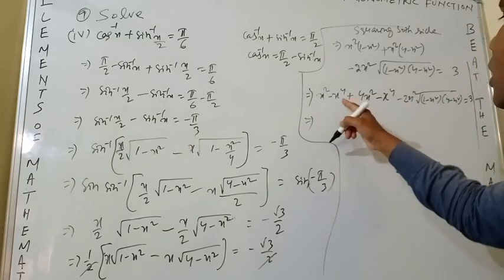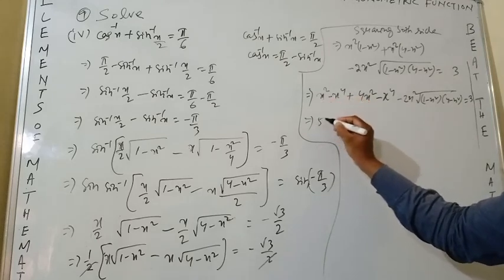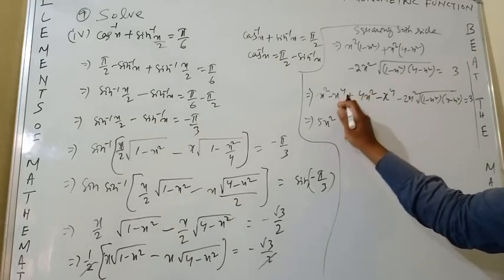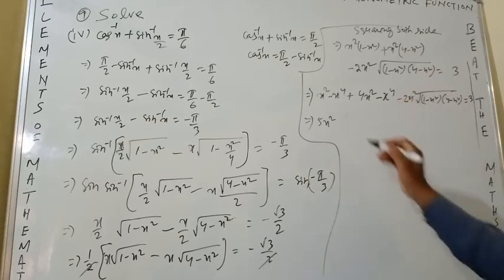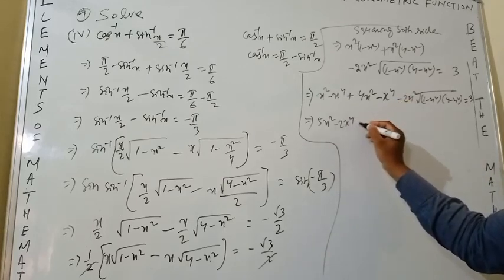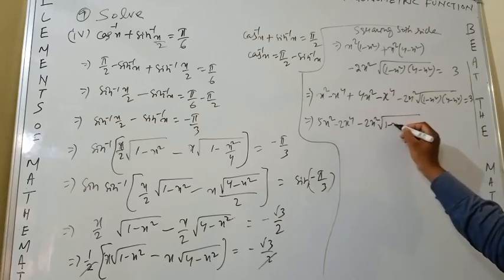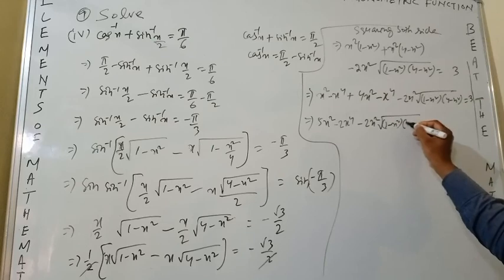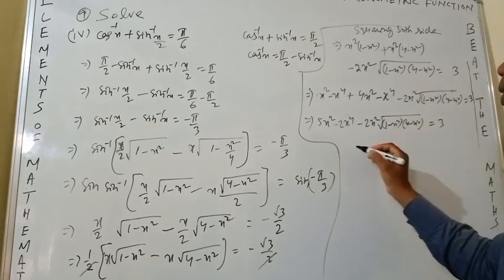Then this is 4x square, that is 5x square, this is minus x^4, this is also minus x^4, that is minus 2x^4. Minus 2x square root over 1 minus x square, 4 minus x square is equal to 3, okay.